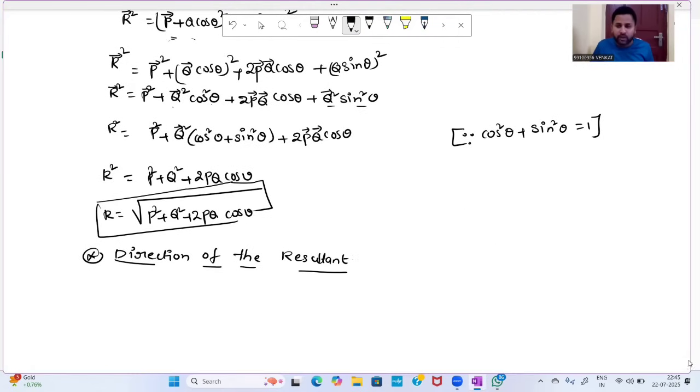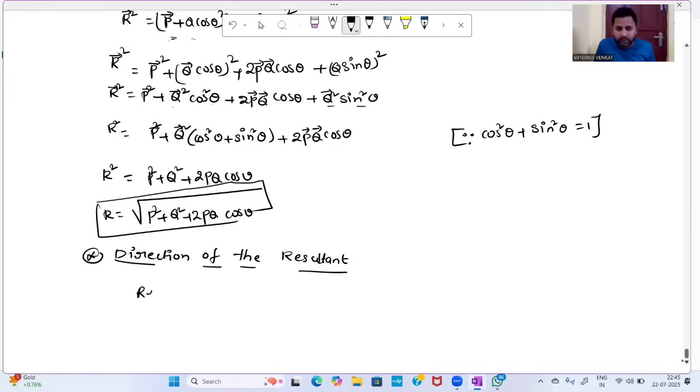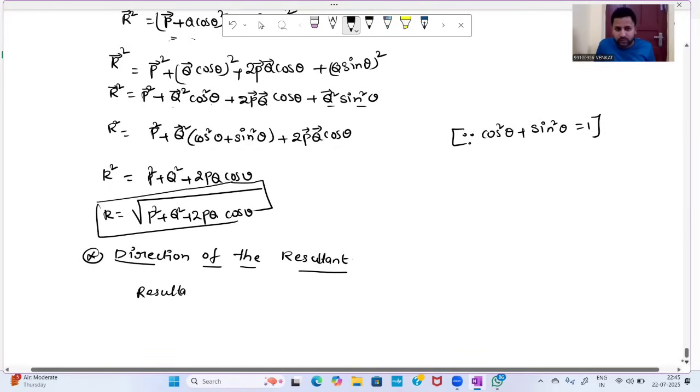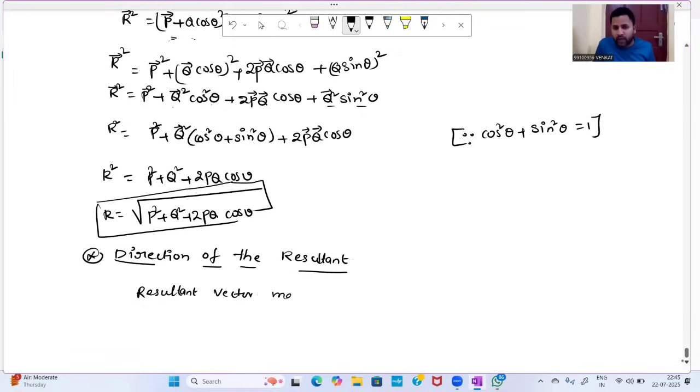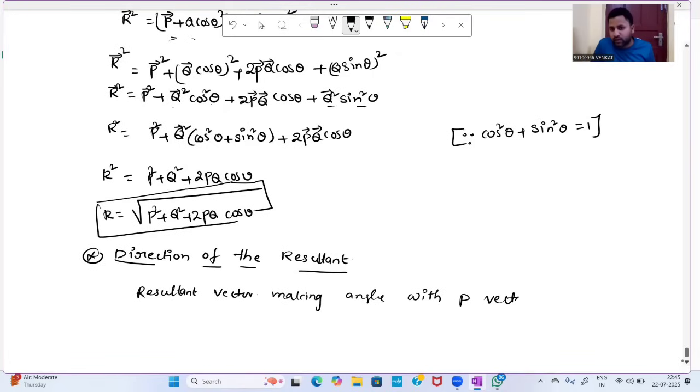From the diagram, I'm writing the angle. Suppose the resultant vector makes angle alpha with the P vector.